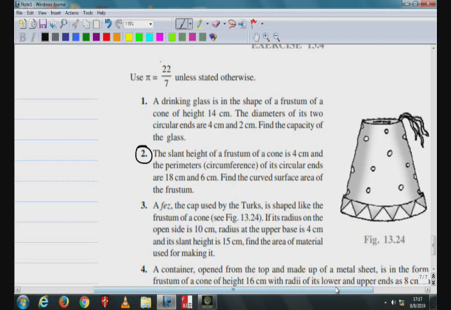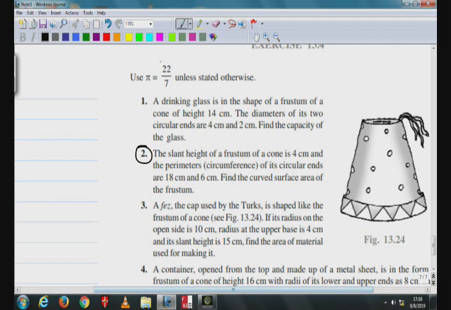Shillong Center, where are you? Yes, Tamenglong, answer is right.